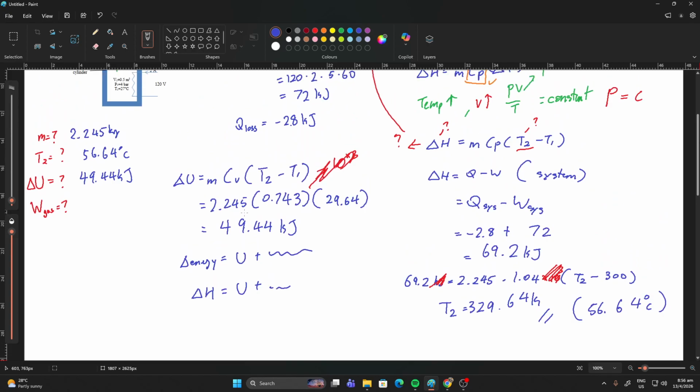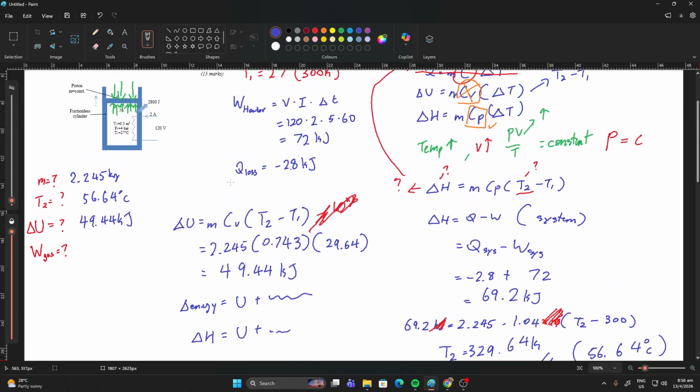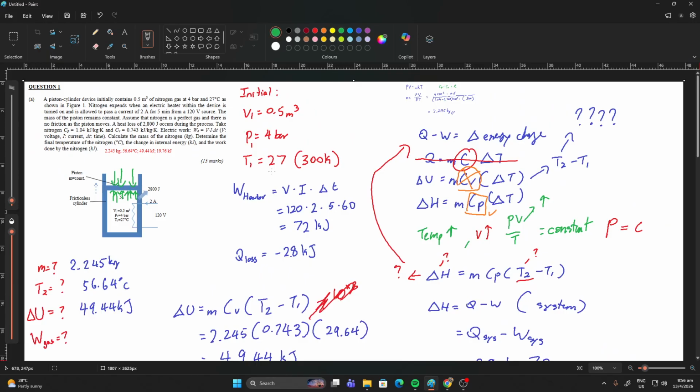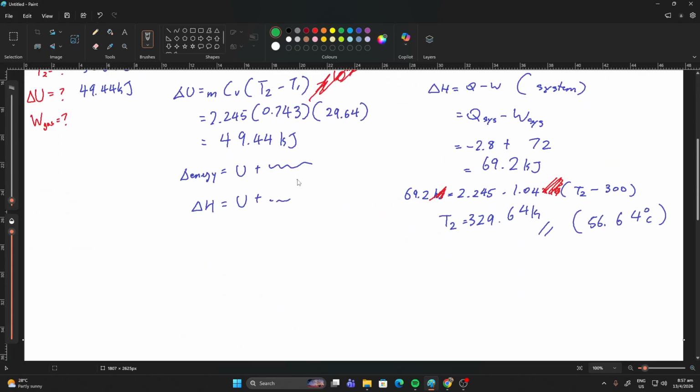Alright, so moving on to work done by the gas. What do I mean by work done by the gas? So we know that in this particular system, we have heat being put in by the heater. Okay, so I'm just going to write it down here, maybe in purple. So we have work done by the heater, and they want us to find work done by the gas, and then we know there is heat loss from the system, and we know that there is internal energy found from the previous one.